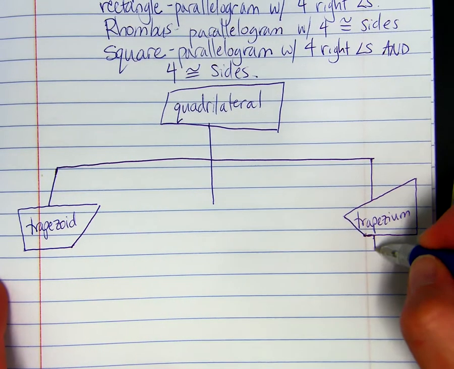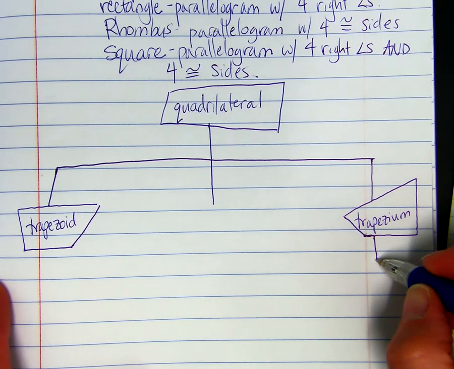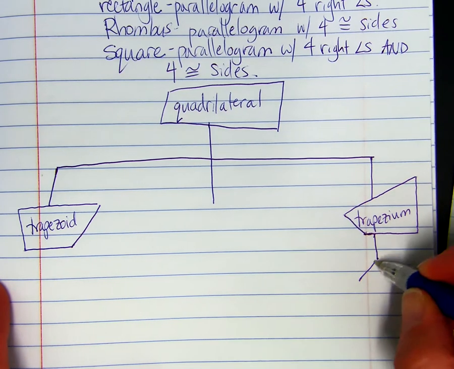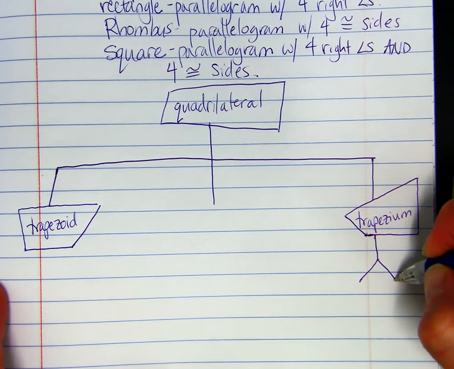And a kite is a type of trapezium because it doesn't have any parallel sides.